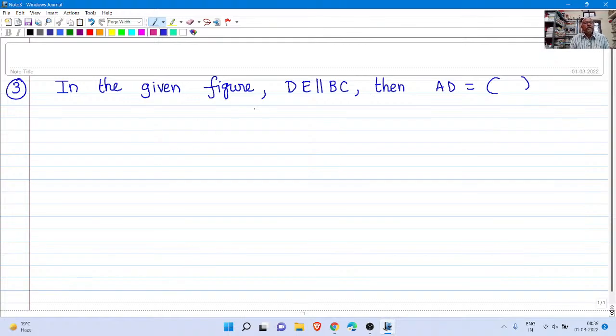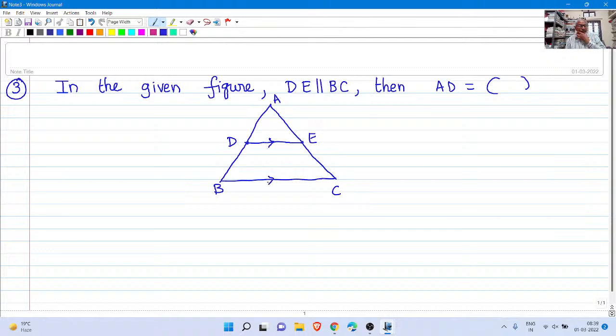So first we need to draw the figure, right? It's a triangle. So this is triangle ABC, A, B, C, right? This is a D point and E point, DE is parallel to BC, right?